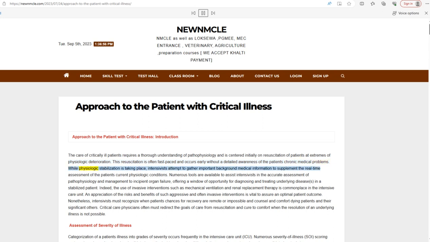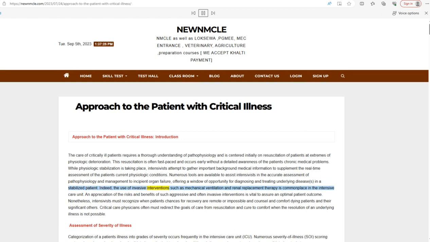While physiologic stabilization is taking place, intensivists attempt to gather important background medical information to supplement the real-time assessment of the patient's current physiologic conditions. Numerous tools are available to assist intensivists in the accurate assessment of pathophysiology and management of incipient organ failure, offering a window of opportunity for diagnosing and treating underlying diseases in a stabilized patient.